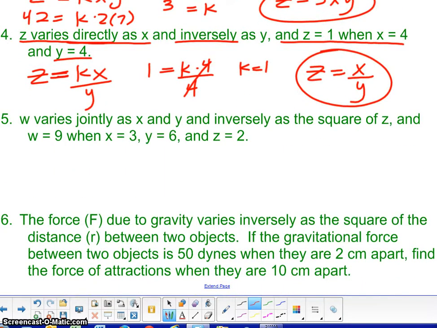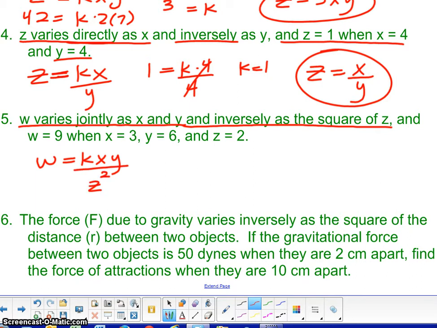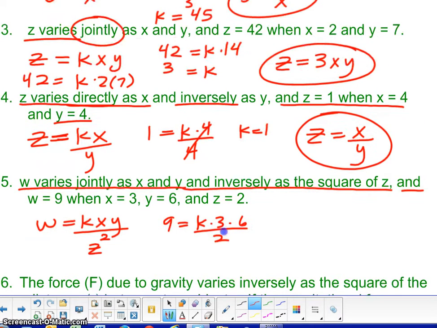Okay, and then the next one, w varies jointly as x and y. So let's write that down first. And then it says, and inversely as the square of z. So that just means that there's going to be z squared in the bottom. So now let's plug all the information in. 9 equals k times 3 times 6 all over 2 squared. And simplify. So 9 equals k times 18 all over 4.